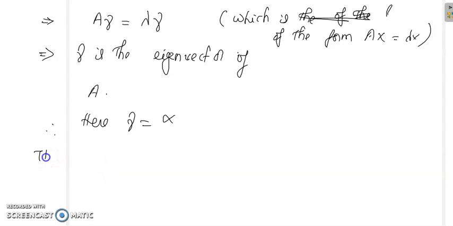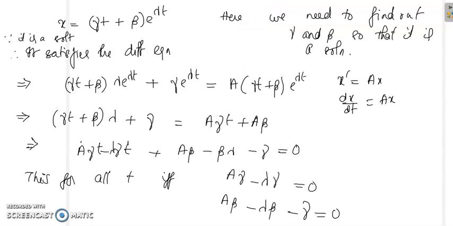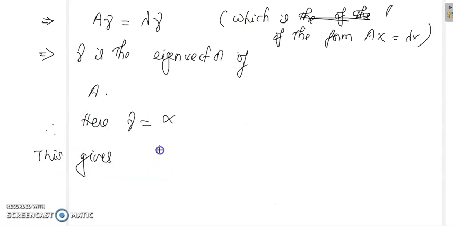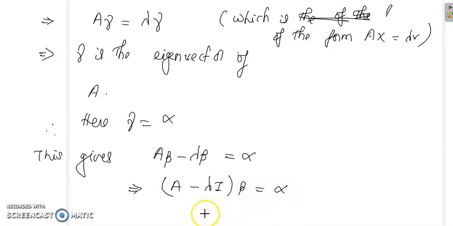So now let us rewrite the second equation. You will get a beta minus lambda beta equal to alpha. If you take beta outside, you will get A minus lambda I, beta equal to alpha. So we need to solve this equation to obtain the value of beta.